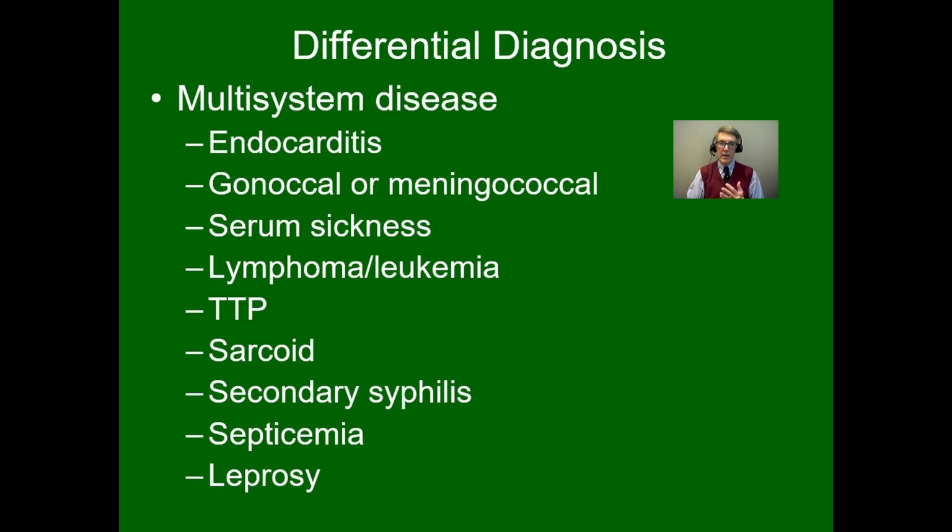Usually the problem with the diagnosis of lupus isn't that they present to the rheumatologist with multi-system disease, which I'm going to talk about in a minute, but rather they present to other subspecialists, such as one presents to the neurologist with seizures or dementia or organic brain syndrome, or one may present to the dermatologist with a rash, or to the hematologist with a thrombocytopenia or hemolytic anemia, or to the nephrologist with a glomerulonephritis or an inflammation of the kidney.